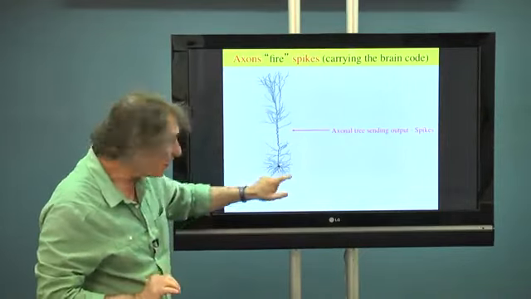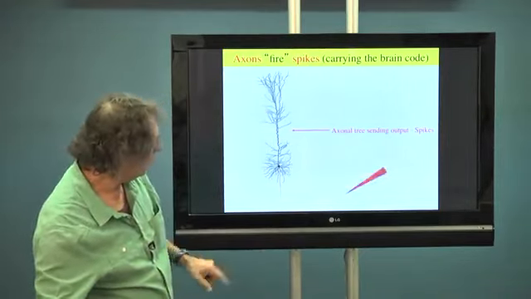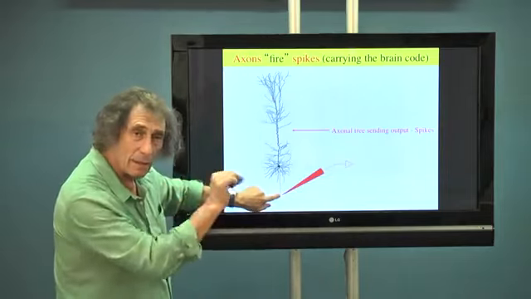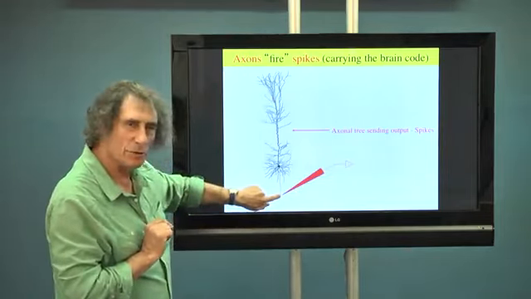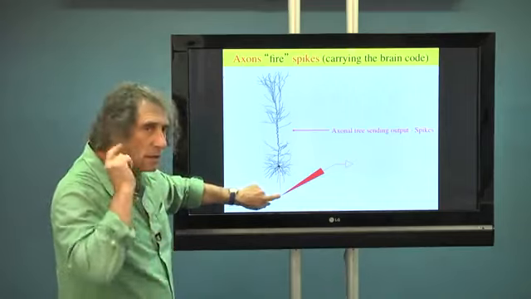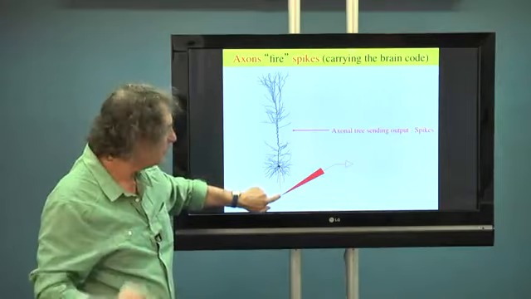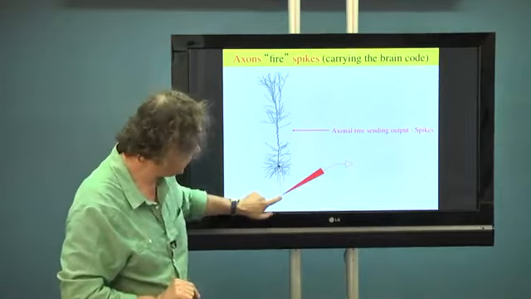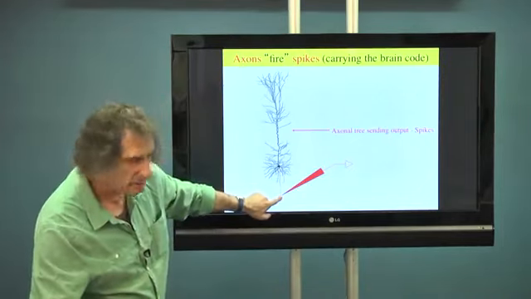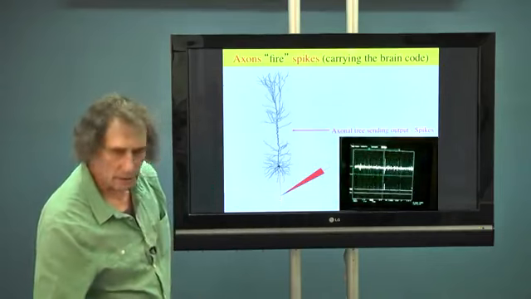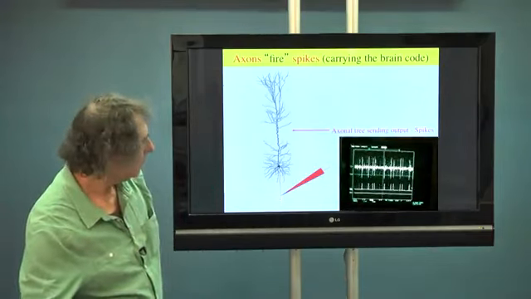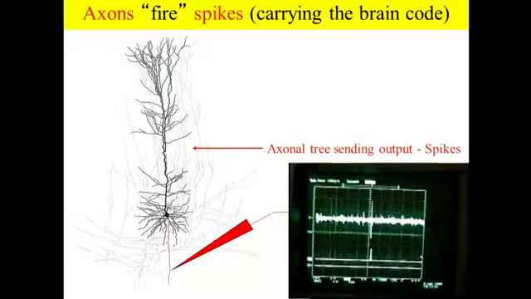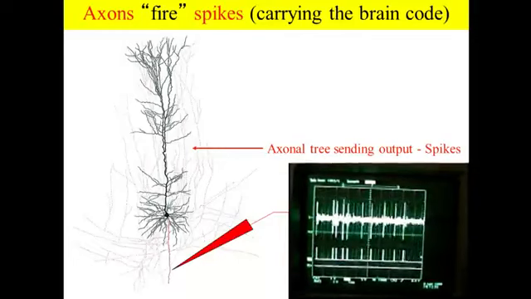Okay? And if you record with an electrode in the axon, so if I implant a small electrode into the axon, and I try to listen to the action potentials to see what is the electrical activity in the axon when the cell is active, I will hear something like that. So you now see the action potentials in the axon, all over the axon.